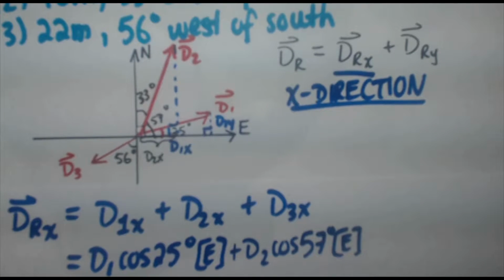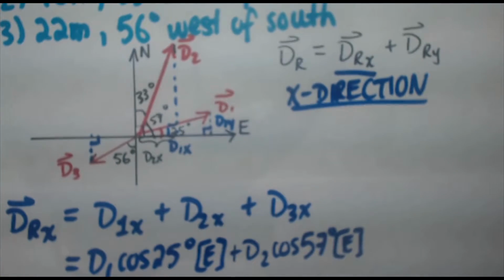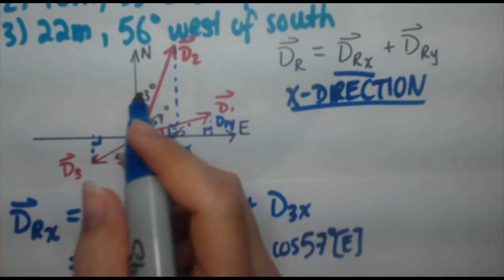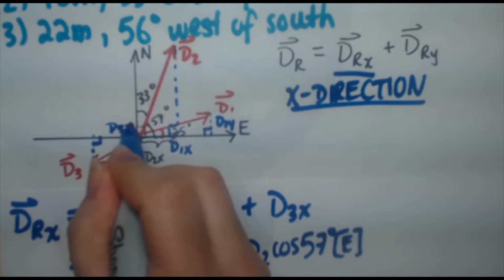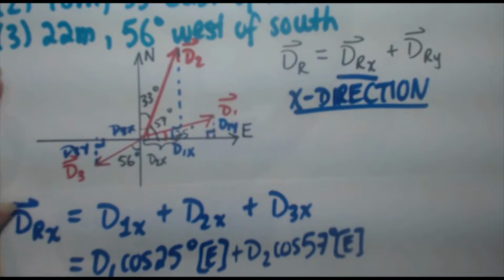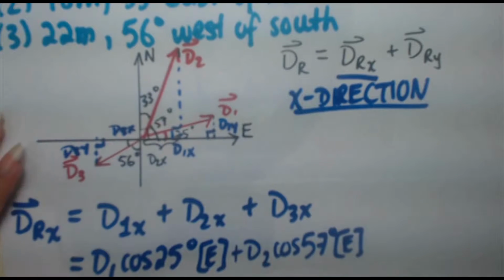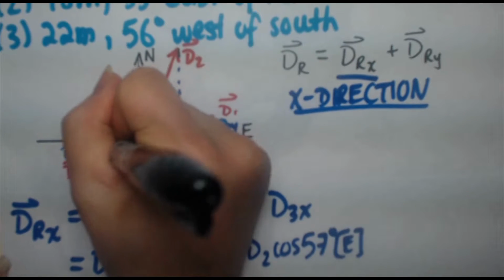And d3, okay, if you put d3 up to the x-axis, or here the negative x-axis, you're going to have your d3x and your d3y. Notice again, just like d2, we're using a different triangle here. So we're going to work with this angle. The angle there is going to be 34 degrees.